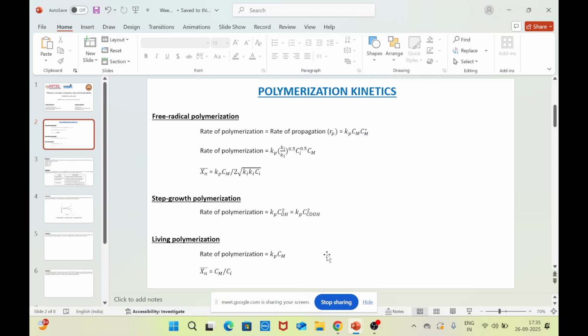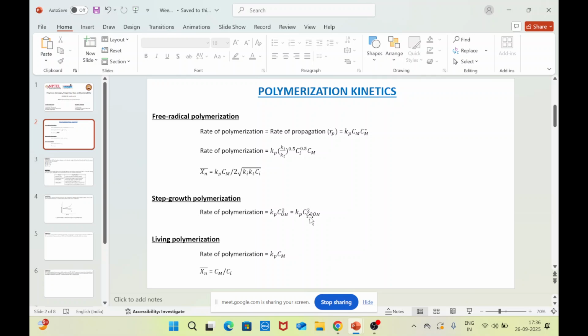Similar to free radical polymerization, we have something called step growth polymerization. The main reason it is named so is because the polymer chain grows in the form of steps, like how it happens in condensation polymerization. That is why the rate of polymerization here is described in terms of the concentration of the alcohol as well as that of the acidic group, such as KpCOH square.